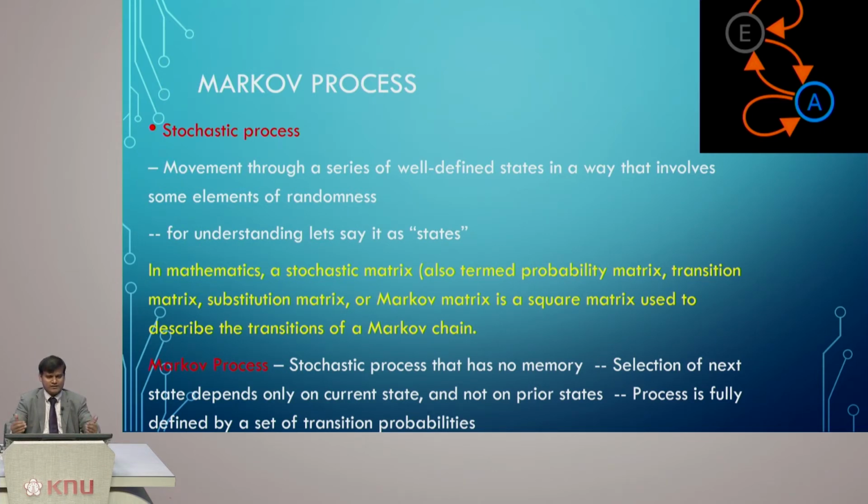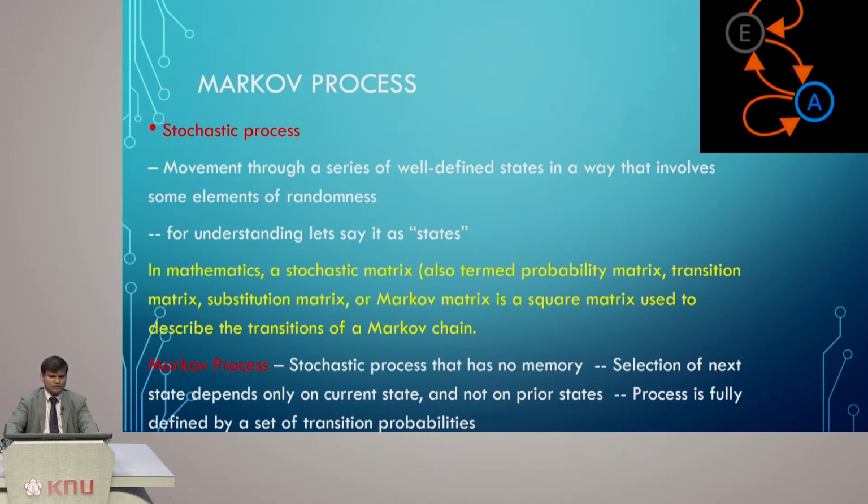As in the case of mathematics, with this stochastic process and this Markov process, especially with regards to the Markov process, we don't have this memory. So the selection of the next state depends only on the current state, not on the prior state.